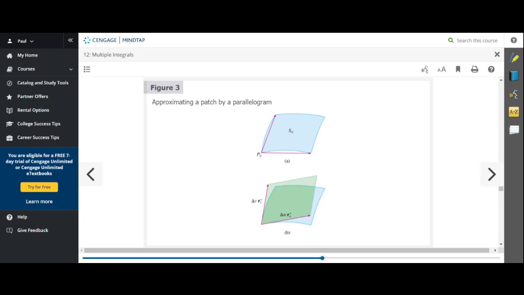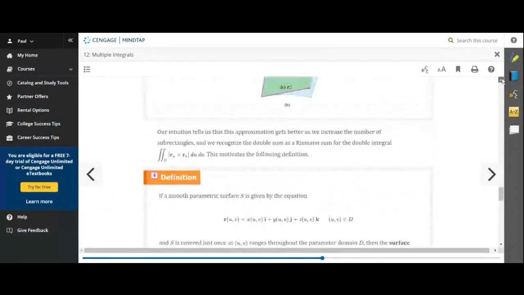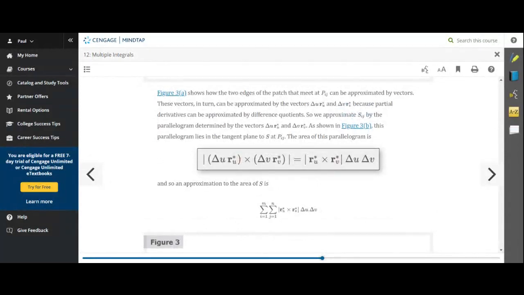What they're going to say here is that the surface area, or the area of the approximating parallelogram to the ijth patch, is given by the magnitude of the cross product of the two vectors that form the sides of the parallelogram. But how do we get there?